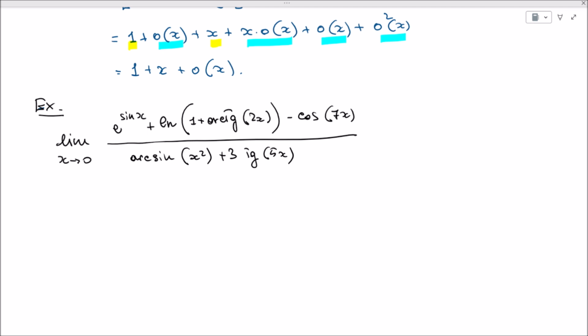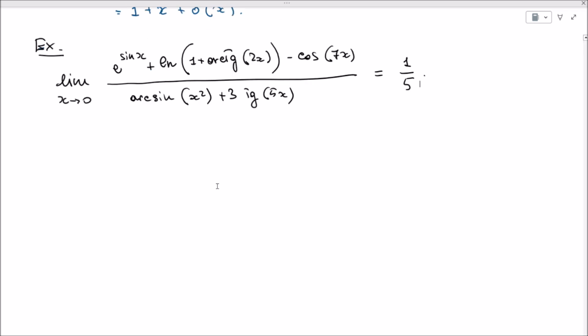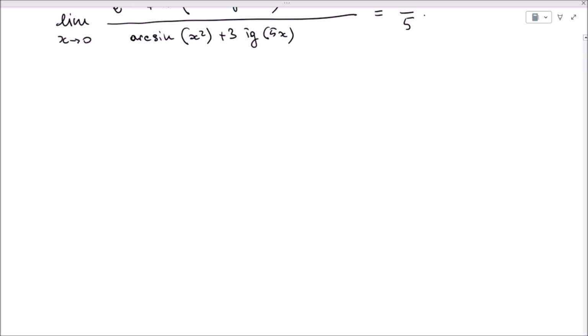And by just looking at this, we can basically immediately realize that this limit is 1 over 5. Okay, I'll come back on this intuition later, but let me first apply all the expansions for every function. Okay, so let me start with the e raised to the sine of x.